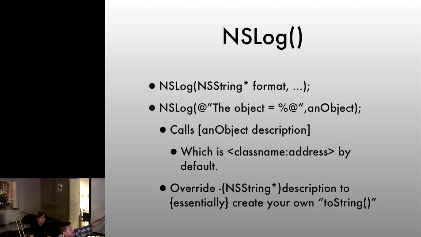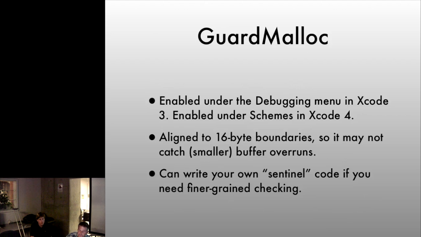Pretty much all of the Foundation and Cocoa classes have really descriptive description methods. Like an NSArray will print out all of the objects. It'll call description on all of the objects that are contained within it. Windows will show you the frame and bounds, and you'll see a lot more of this later on.